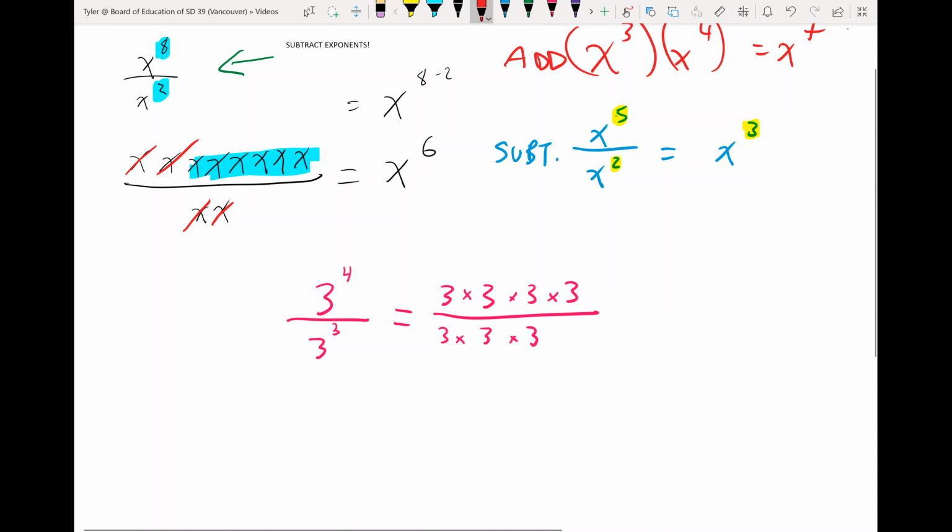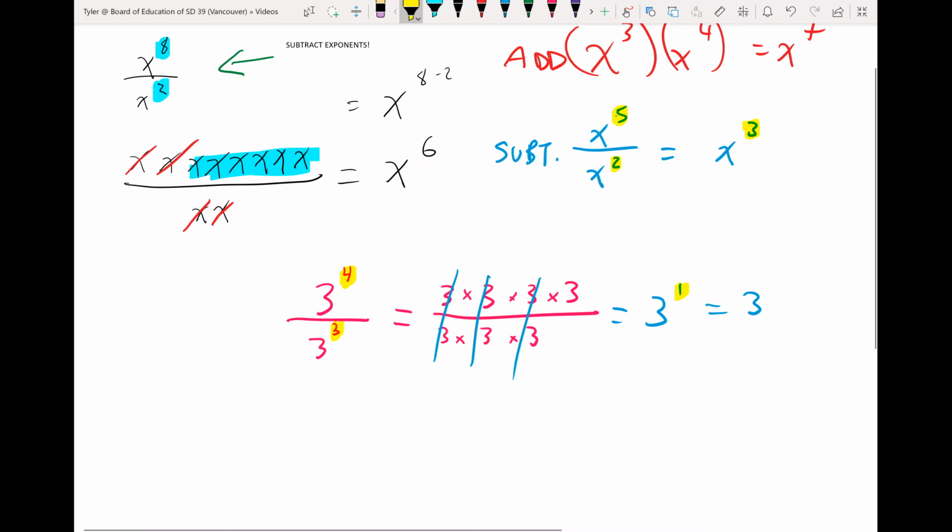Now 3 divided by 3, those cancel out and just become 1, and we do this again and again, which gives us our final answer, 3 to the power of 1. 3 to the power of 1 means 3 times itself 1 time, which is just 3. Same thing if we did 3 to the power of 4 minus 3, that gives us 1.